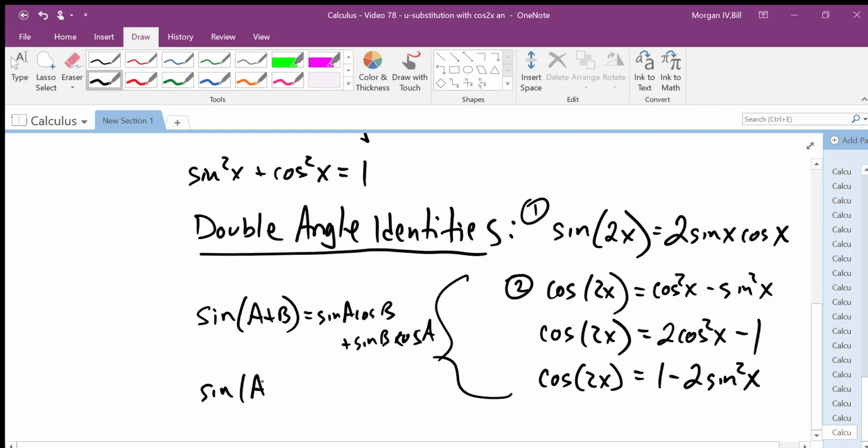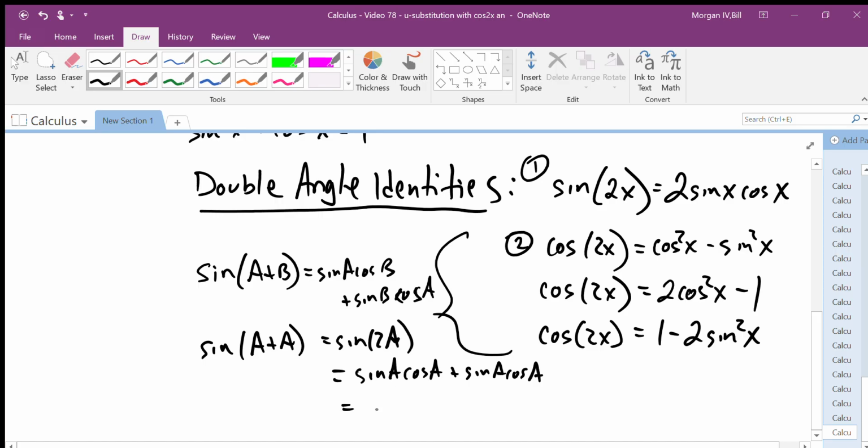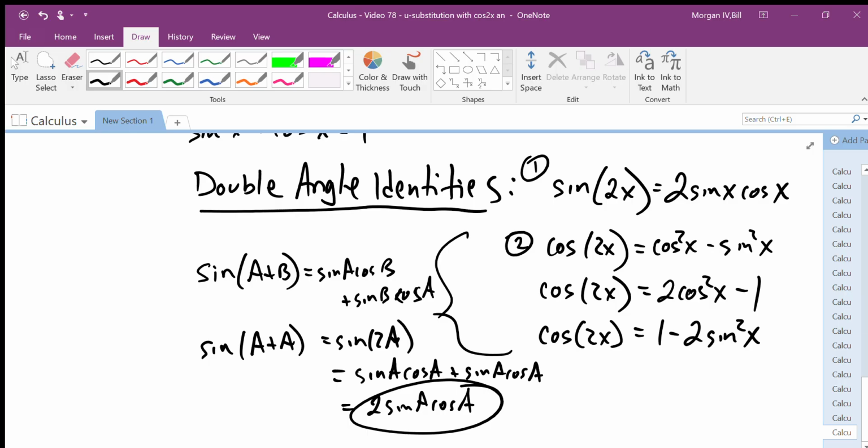So sine of a plus a, that's the same thing as sine of 2a, which is, if you plug in a's for all the a's and b's, sine a cosine a plus sine a cosine a, which is equal to 2 sine a cosine a. And so that's how we end up developing those double angle formulas, from those sum and difference identities. You should take the time, go back and try that with cosine 2a. Cosine of a plus b, and then make it cosine of a plus a, and walk through that sum and difference in order to get to the double angle.